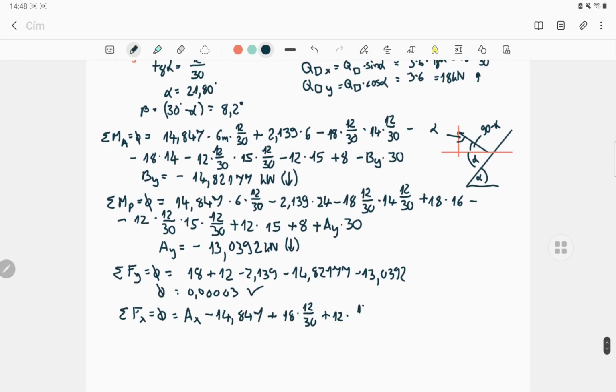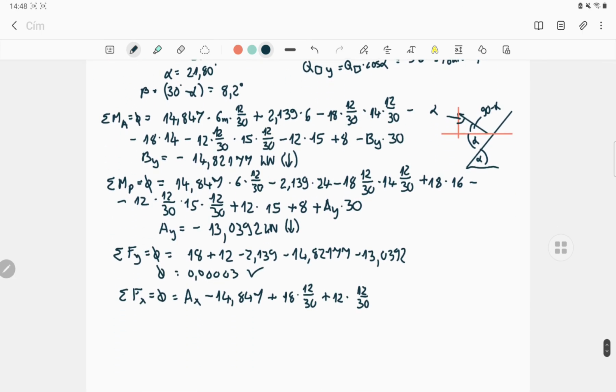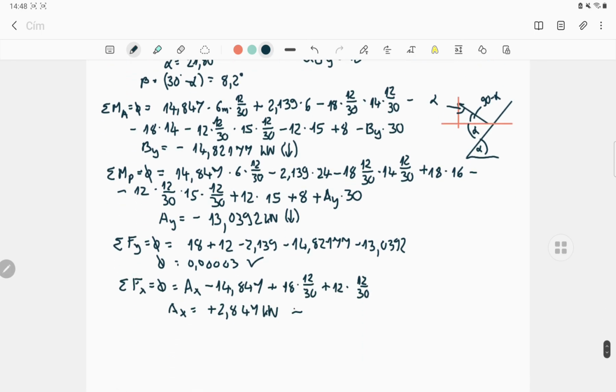So 12 times 12 over 30, and I think that's all. So we can calculate the AX from here. Negative 14.847 plus 18 times 12 over 30 plus 12 times 12 over 30. The result here is minus 2.847, but I have to move to the other side, so it's positive 2.847 kilonewton. This is positive, so I keep the original direction.